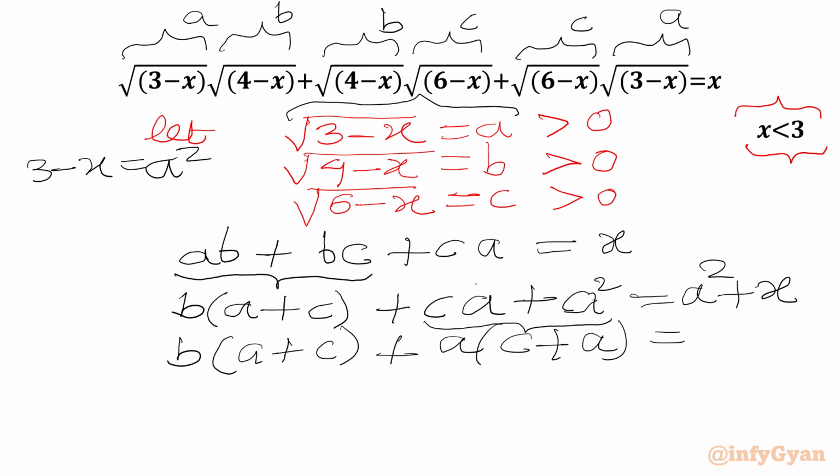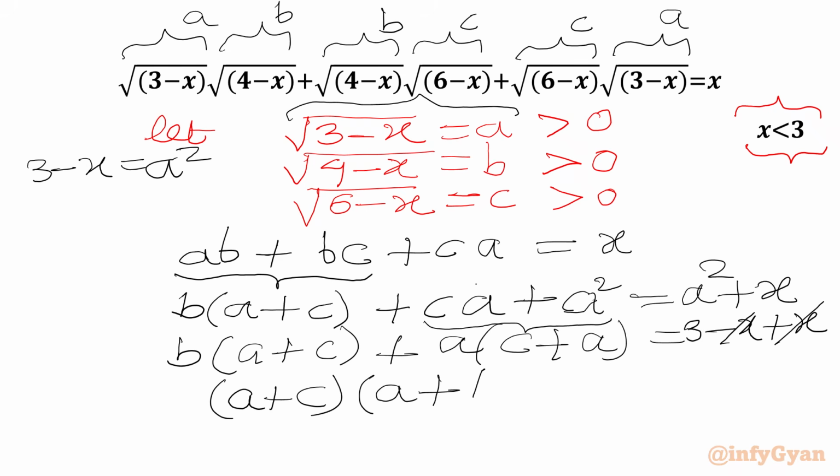So in place of A square, we can write 3 minus x. Then we have plus x. Plus and minus x will get over. C plus A is common, or A plus C is common. We will write A plus C times A plus B equal to 3. Let's say this is our equation number 1.